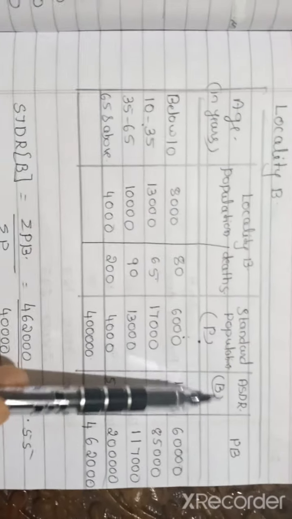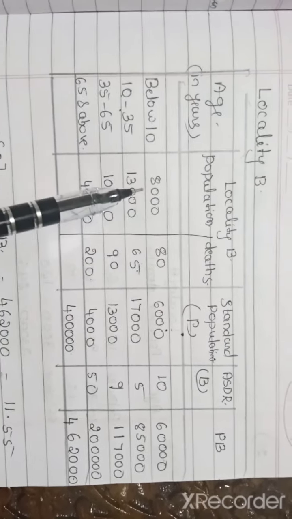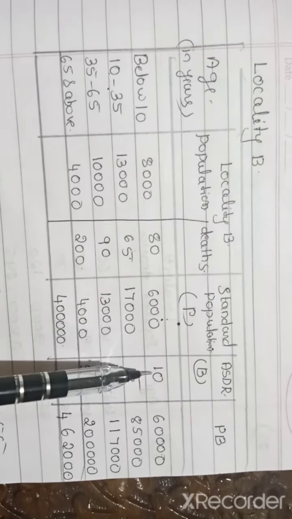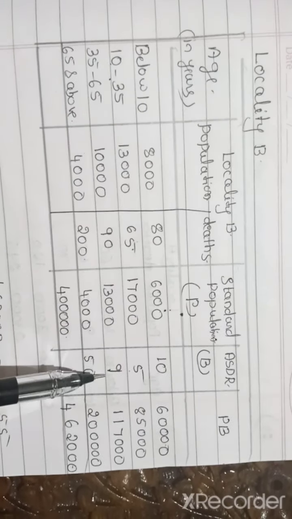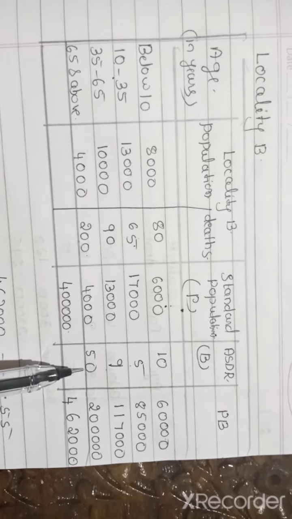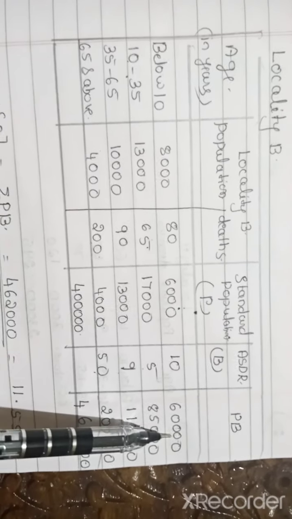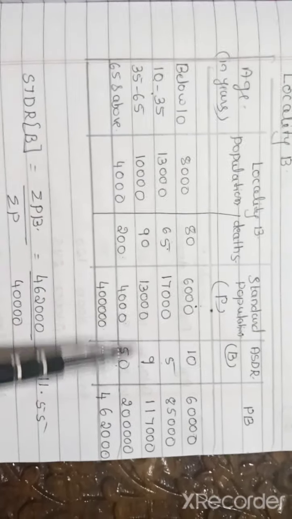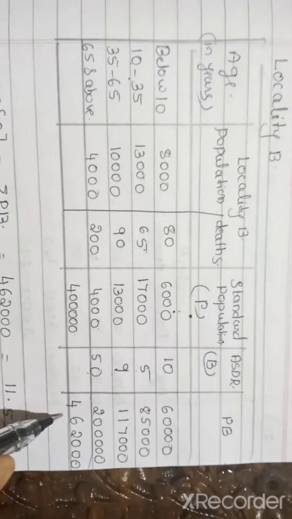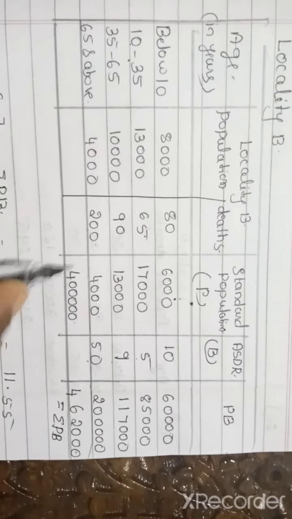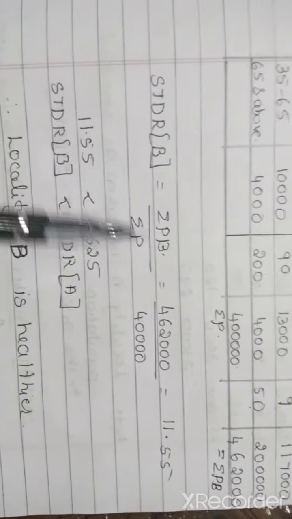Now ASDR, represented by B, but the calculation part remains same: 80 upon 8,000 into 1000, 65 upon 13,000 into 1000, 90 upon 10,000 into 1000, 200 upon 4,000 into 1000. Now P into B, standard population into B: 6,000 into 10, 17,000 into 5, 13,000 into 9, 4,000 into 50. So PB total is obtained. It is summation PB and summation P. Summation P remains same.